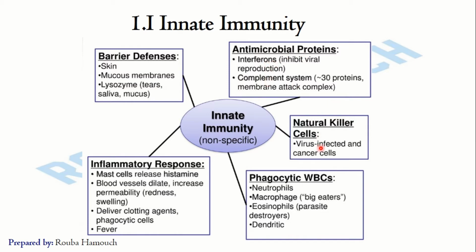We have a type of immune cells also involved in the innate immunity, which are the natural killer cells. They are targeted towards the viruses and the cancer cells. And for phagocytosis, we have the neutrophils, the macrophages called the big eaters. We have also the eosinophils, which are parasite destroyers, and we have cells called dendritic cells.